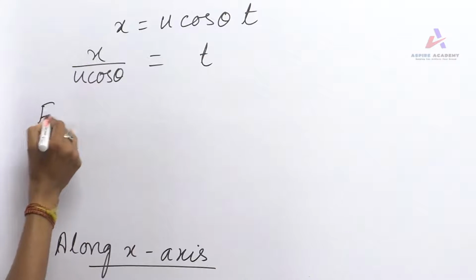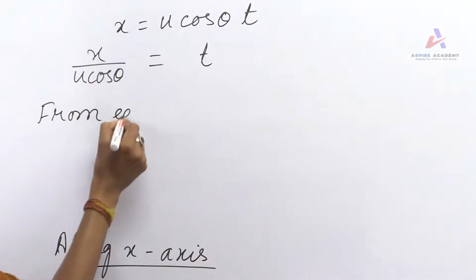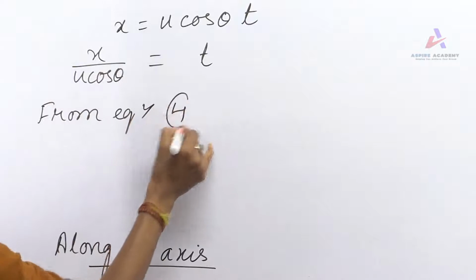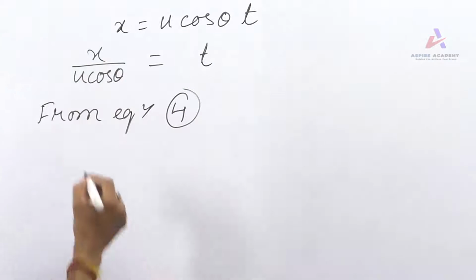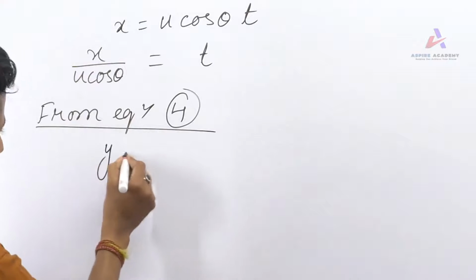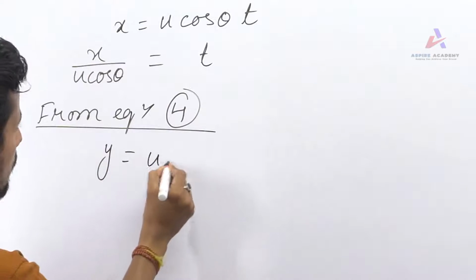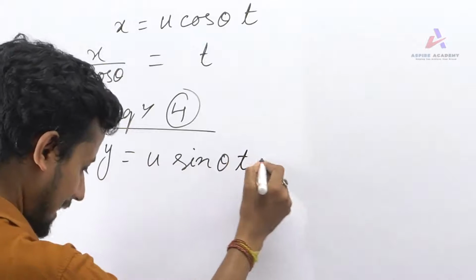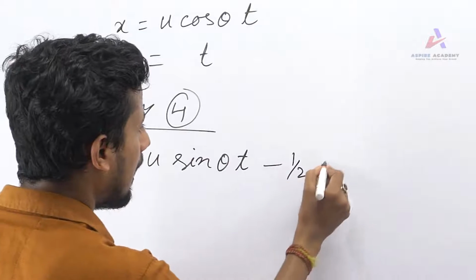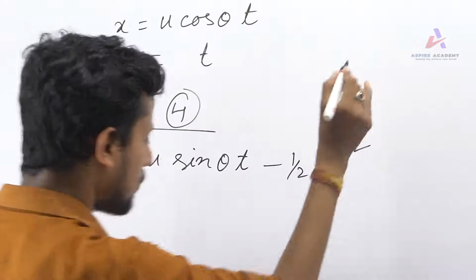We have equation 4 as y equals u sin theta t minus half g t square.